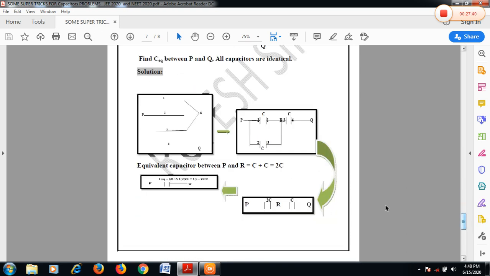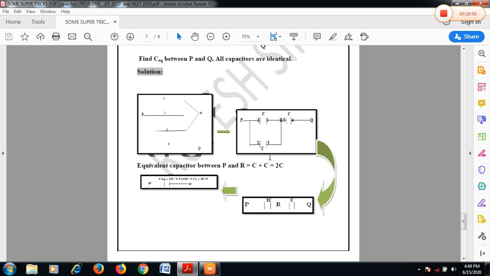Now have a look at this figure. From this we can easily have these two capacitors being in parallel combination. There must be one connection in between P and R, R and Q, these plates and these plates. Somehow this has been blurred over here, but it is a typing mistake.